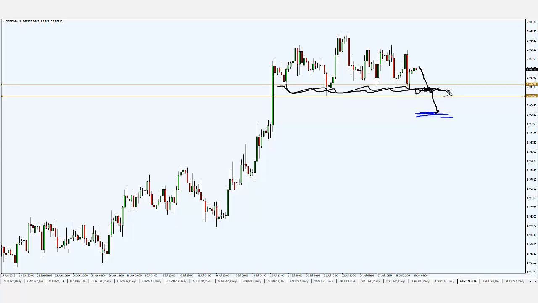So if your support is broken by this amount of margin, it's telling you that clearly your trading idea is invalidated and you should be getting out of the trade. So this is one example of how you can use the principle I mentioned earlier to place your stop loss. Let's look at another example.